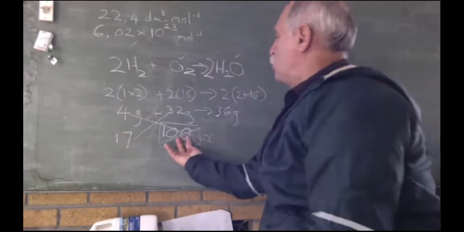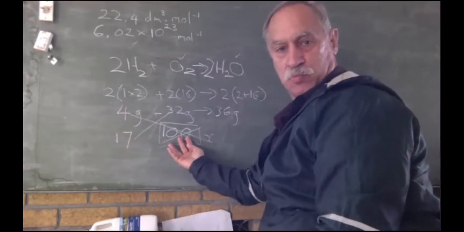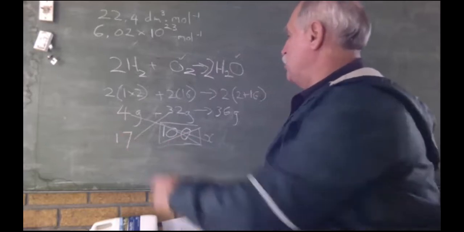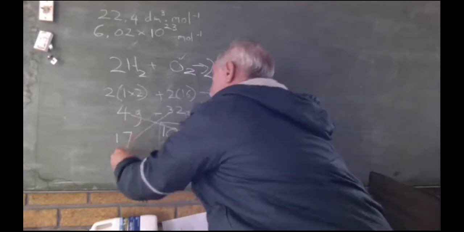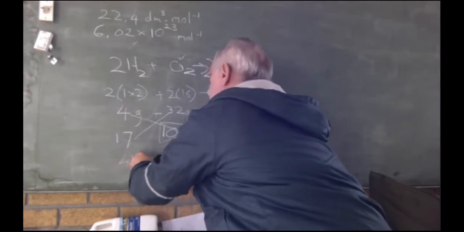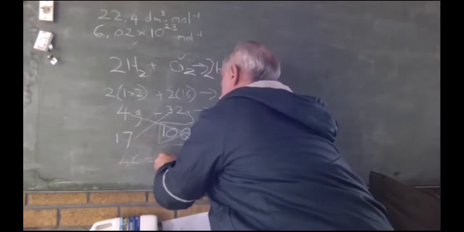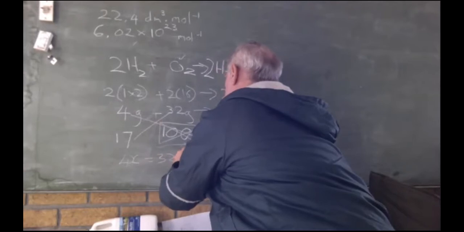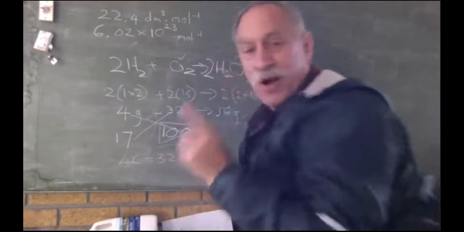And I'm going to work out what x should be. So I'm going to say 4 times x is equal to 32 times 17.